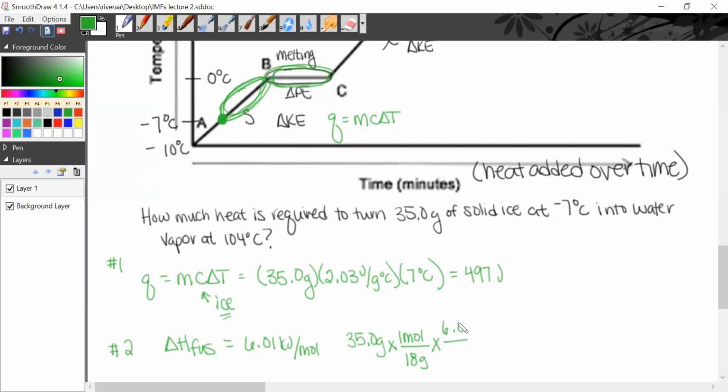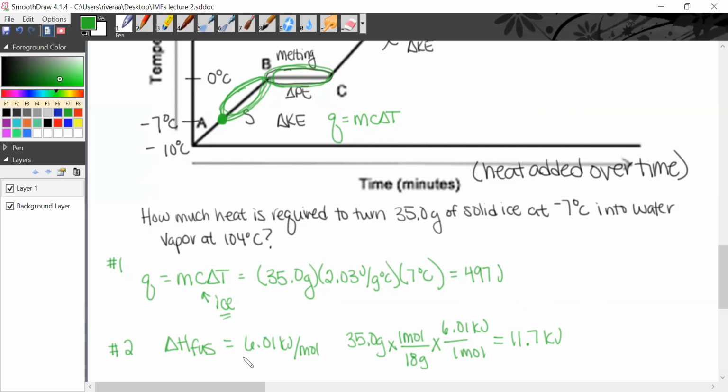Then you can multiply by the 6.01 kilojoules per mole. So 35 times 6.01 divided by 18, 11.7 kilojoules.